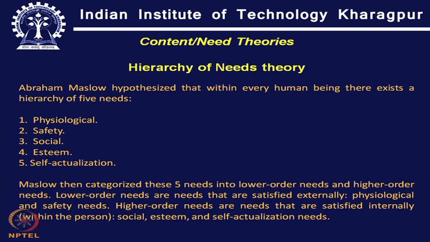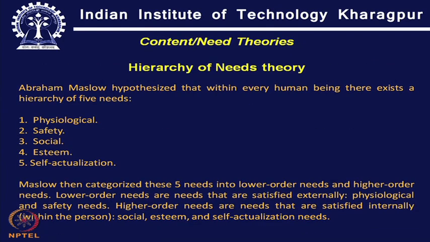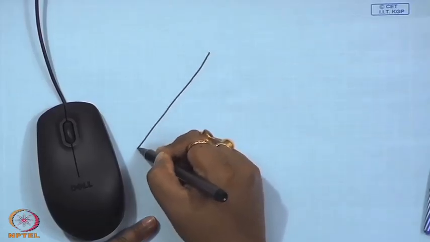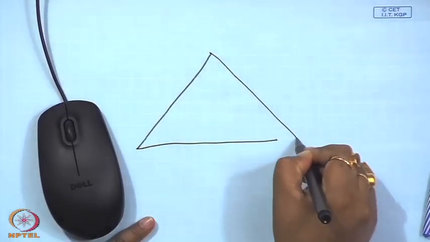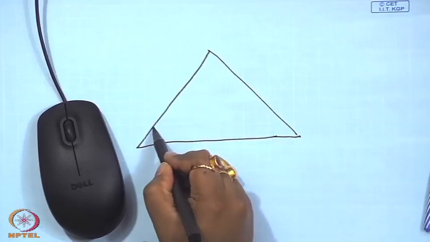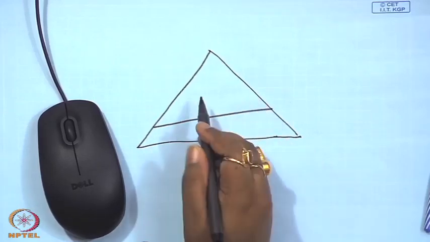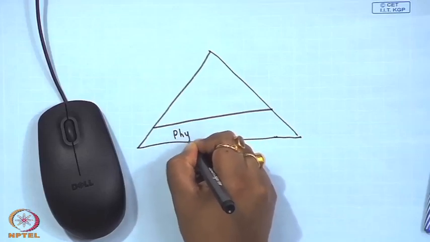So, if we can see, this is a triangle, and at the lowest level is the physiological need.